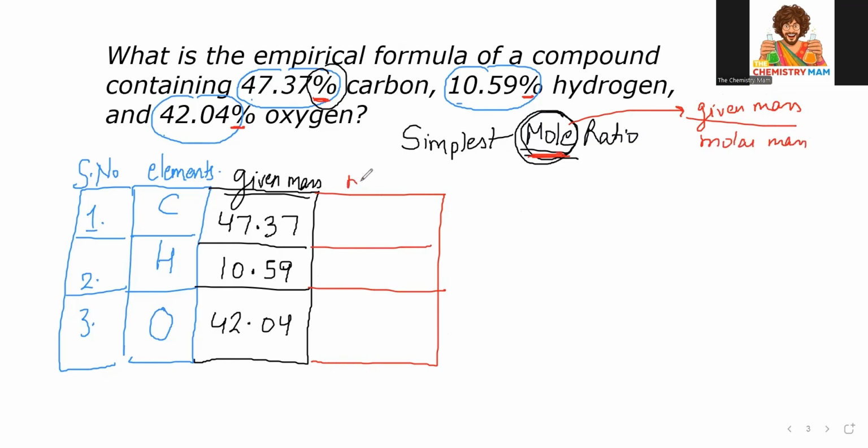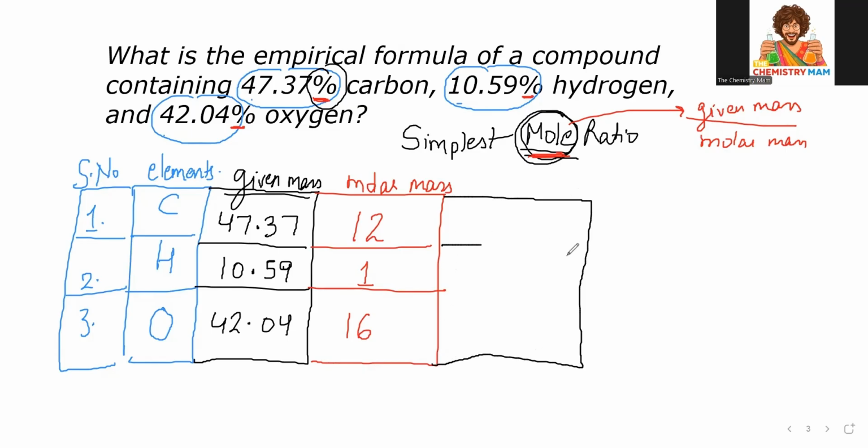So for molar masses, either refer to the periodic table or if you have the knowledge about molar masses in advance, well and good. For carbon, I know in advance that carbon has molar mass of 12, hydrogen 1, and oxygen 16. Next column would be to calculate the number of moles. And for the number of moles, the above mentioned formula comes into play.